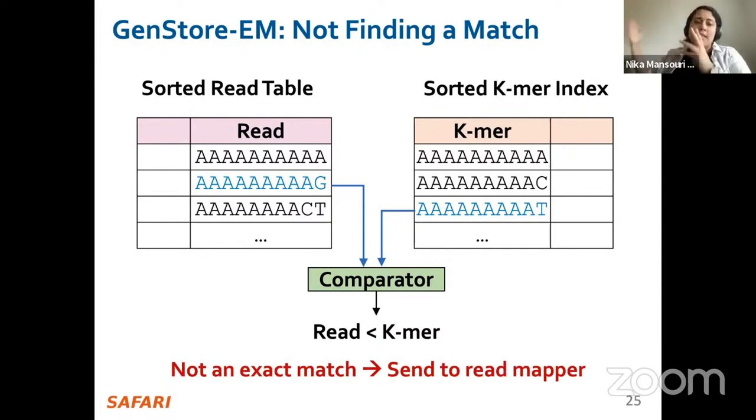It can be a hardware accelerator outside the SSD, a processing-in-memory accelerator, a processing-in-cache accelerator, or even a software read mapper executed on the host CPUs. This can just go to the read mappers outside. Then we can go to the next read and examine it.